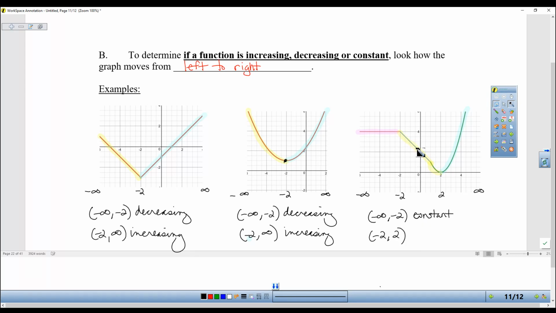It falls on a line, and then it falls on a little curve, but the whole time it's falling. So we call that decreasing. And then this last interval from 2 to infinity, this is just marking the interval, it's increasing. So you have to express your answers in interval notation.